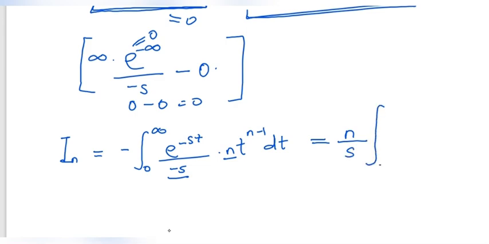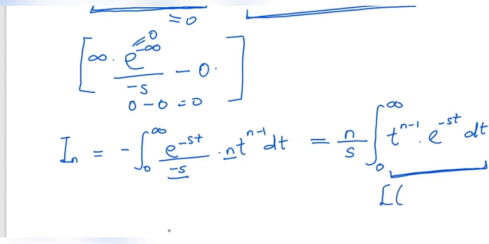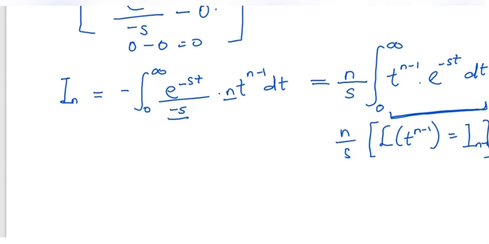Negative will cancel negative, and we have the integral from 0 to infinity of t to the power of n minus 1 e to the power of negative st dt. If you look at it, this whole thing is just the Laplace transform of t to the power of n minus 1, which we can call I_(n-1), and you multiply by n over s. So our I_n is just n over s times I_(n-1).